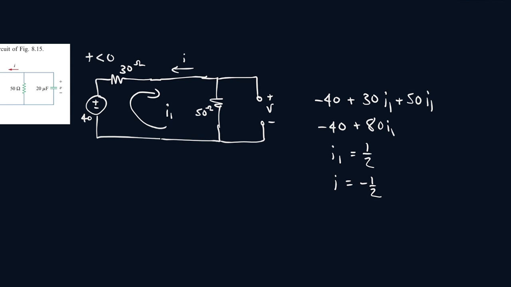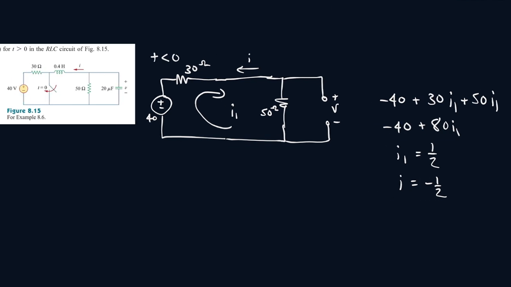And this is going to be your I of 0 when you flip this switch on, because the current passing through an inductor can't change instantaneously. Now the second part, we need to find the voltage at the capacitor. The voltage here is the same as the voltage here.